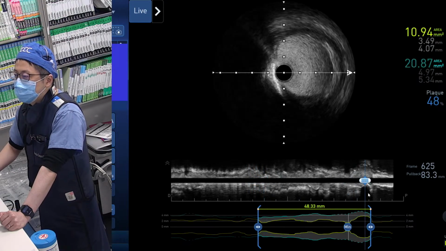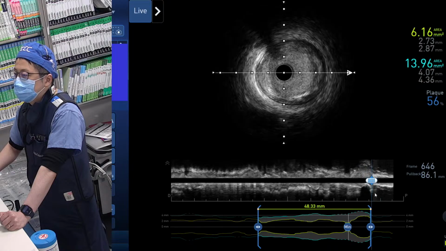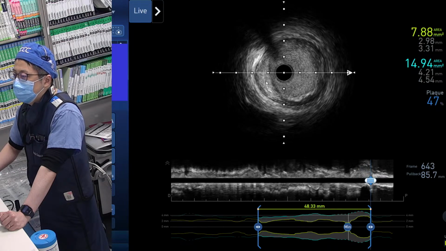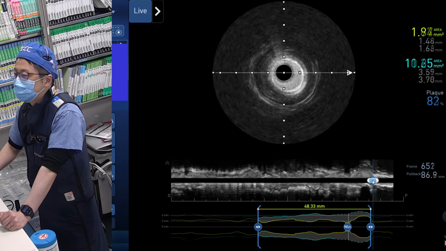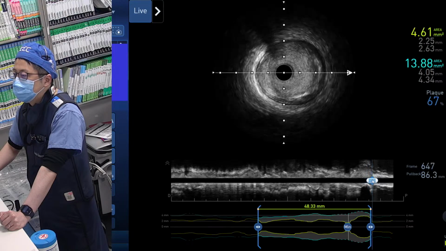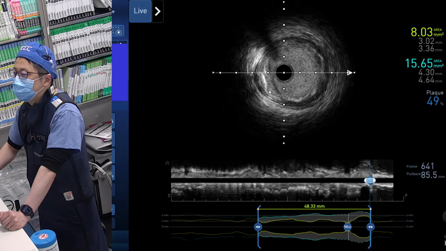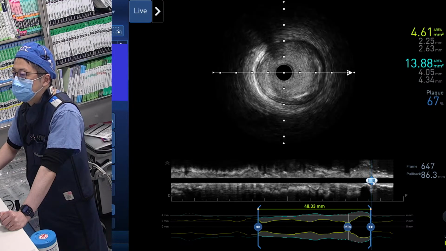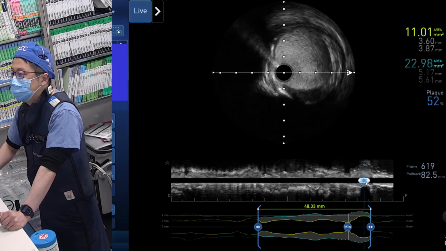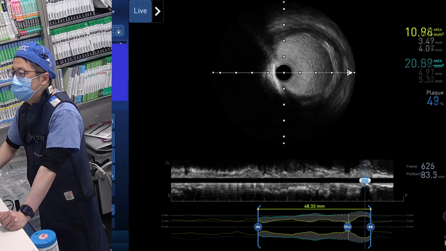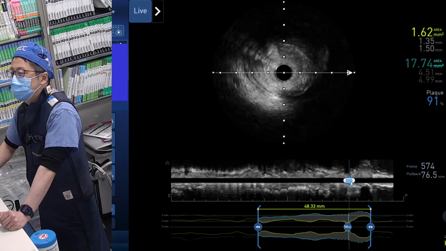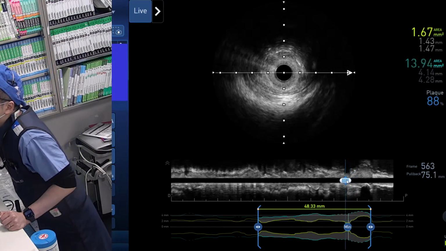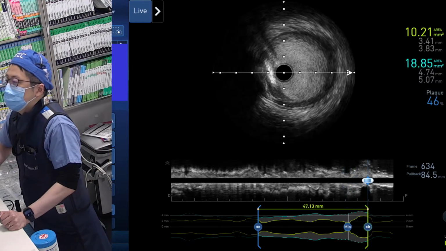So the ostium is good. There's some plaque, but it looks like no clear hematoma or dissection. There's some like 30% plaque at the ostial RCA, but the lumen is wide open, area is like 8. So we don't need to come up to the ostium. I think if we put 48 based on the IVUS, we are good.